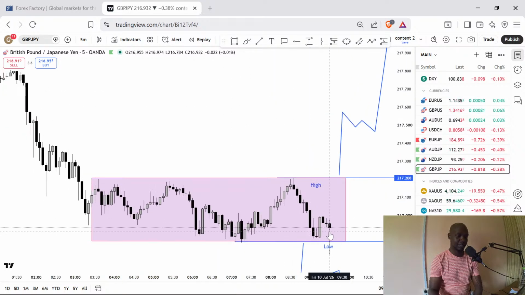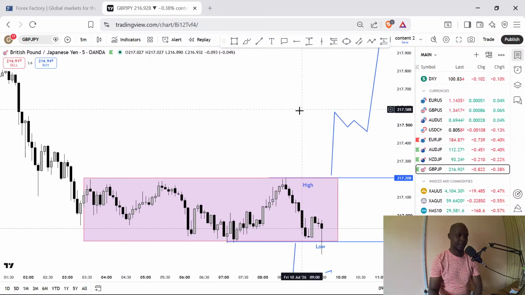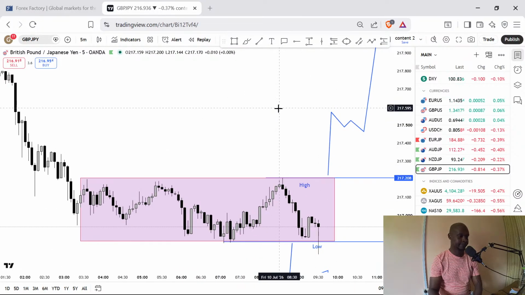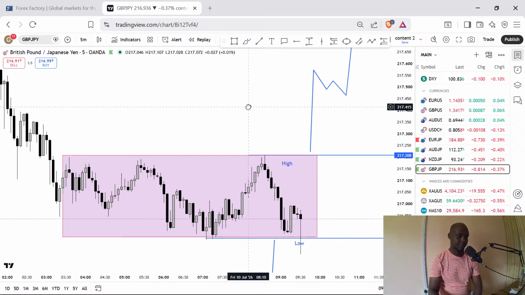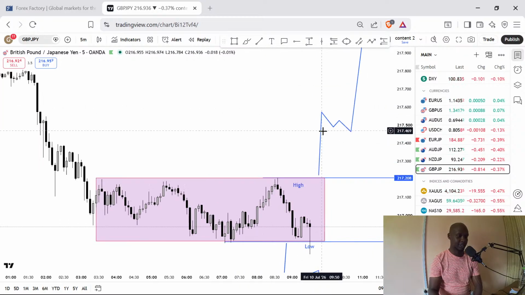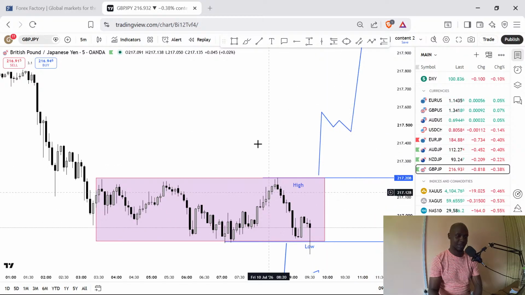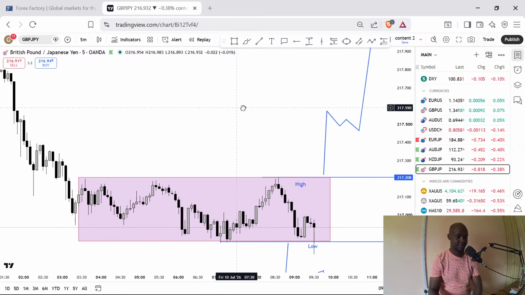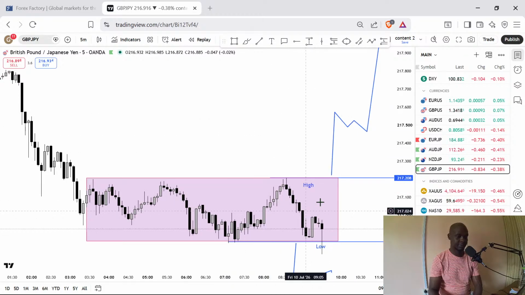It depends on how this candle closes. If it closes like this with this huge wick testing these lows, we might get a reversal in price to the upside. But I'll still be waiting until we break this high and we break impulsively before I can look for pullback entries. I'm not getting involved as long as price is inside of this range.